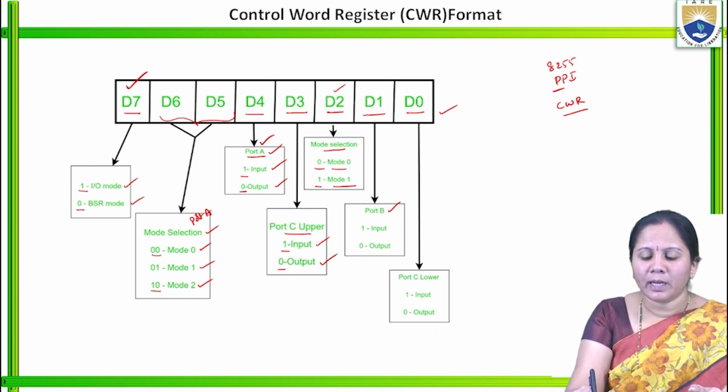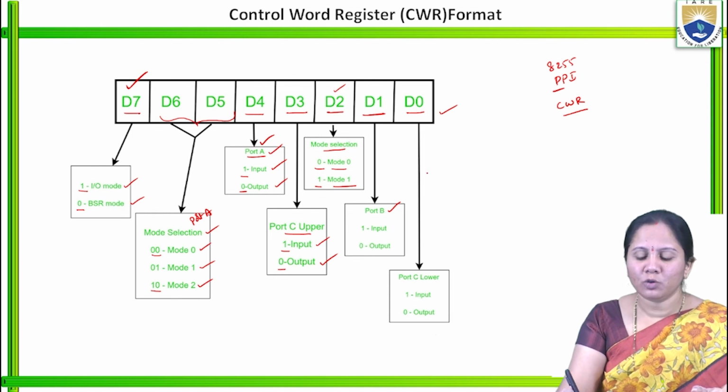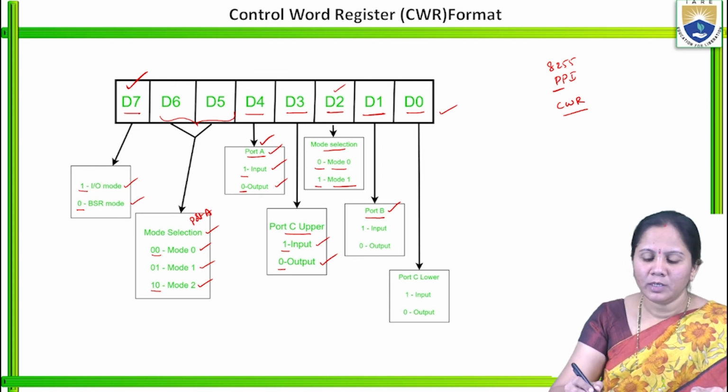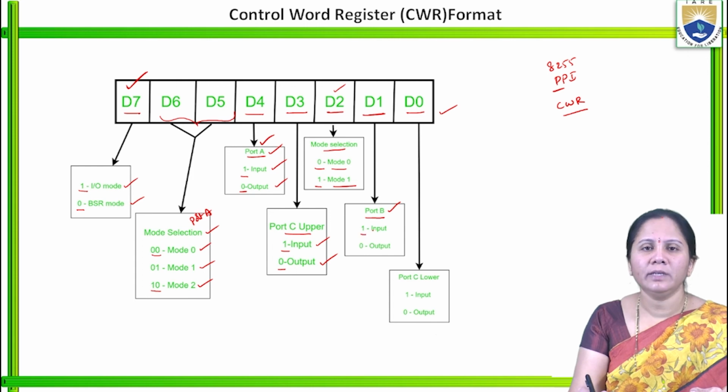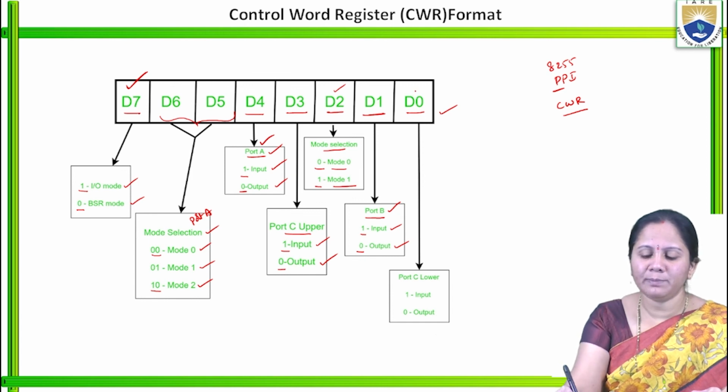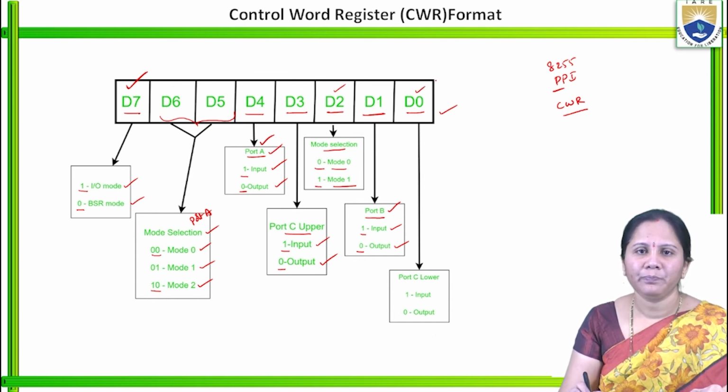Coming to D1 bit, this D1 bit says whether to use port B as input port or output port. If this D1 bit is 1, it will be acting as the input port. If this D1 bit is 0, it will be acting as the output port. And the last bit is D0.